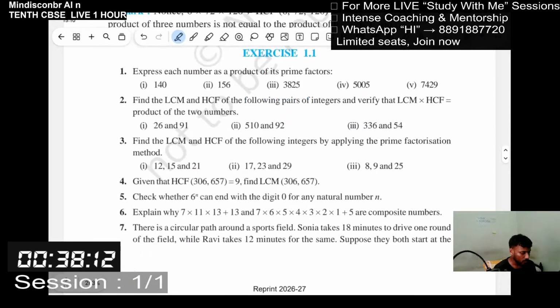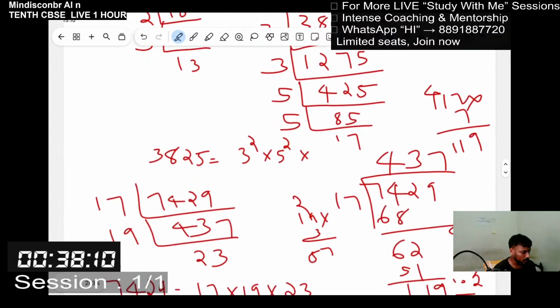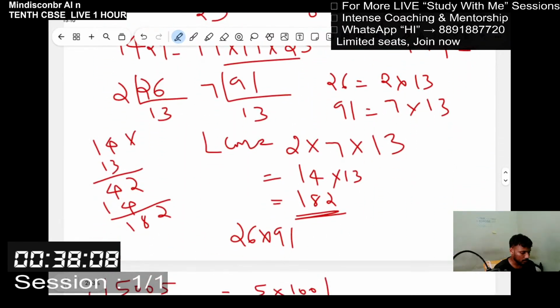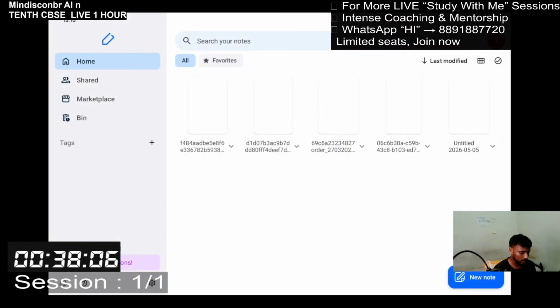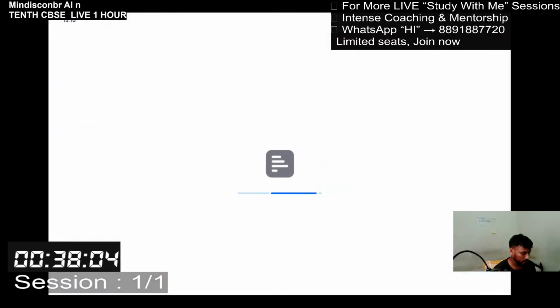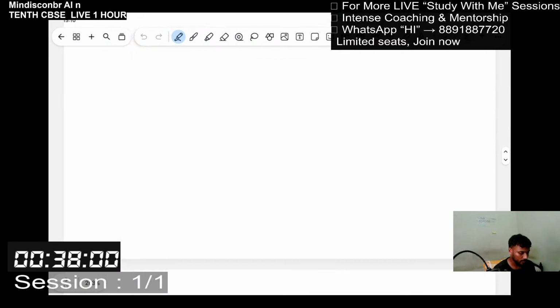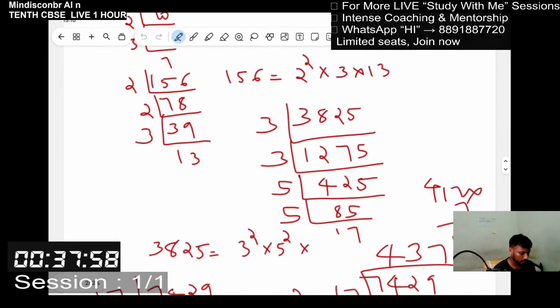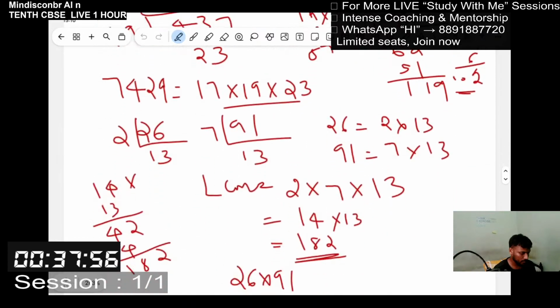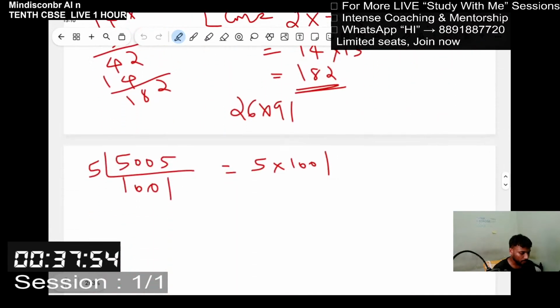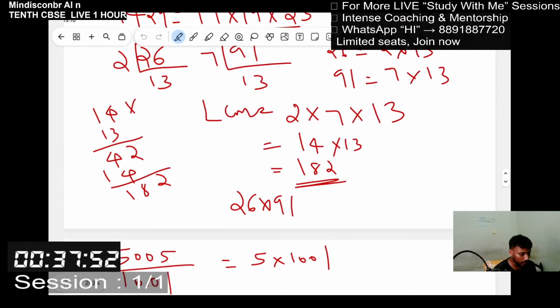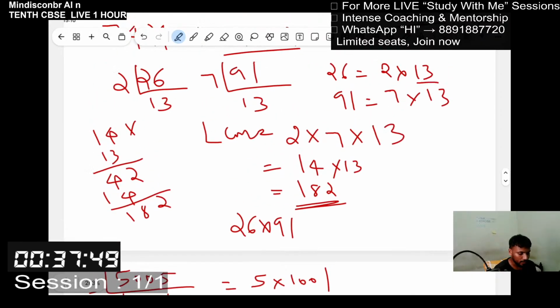In this 26 and 91, only one number is common, that is 13. So HCF is equal to 13.